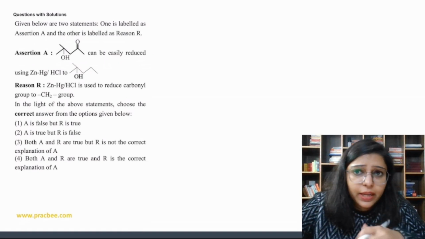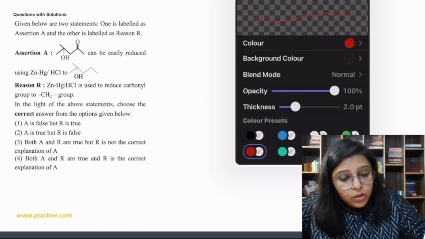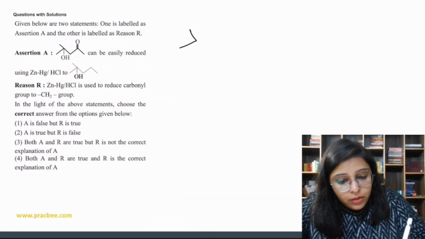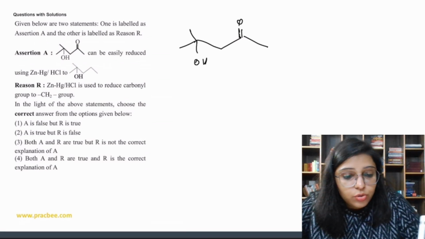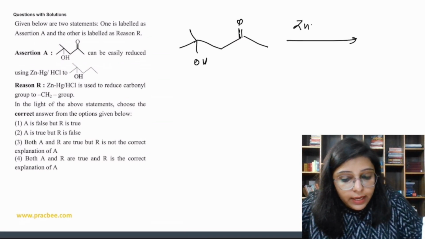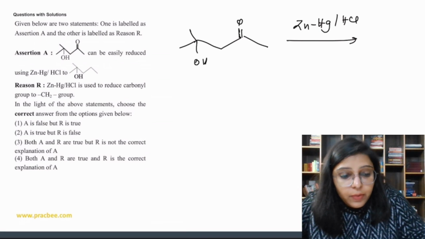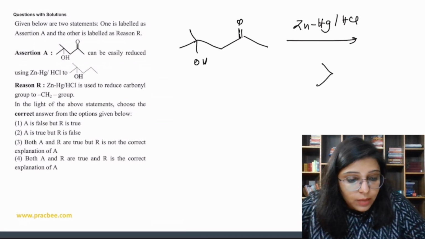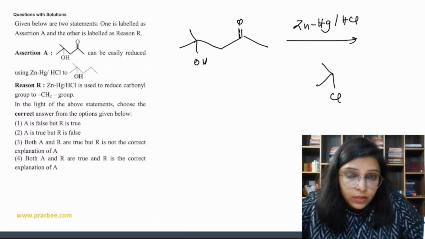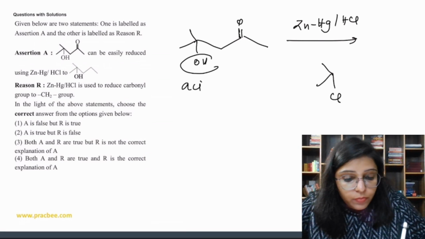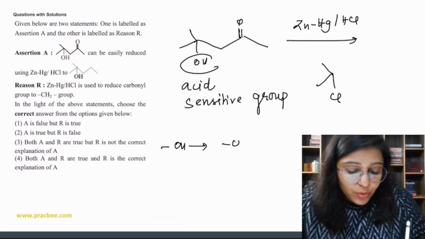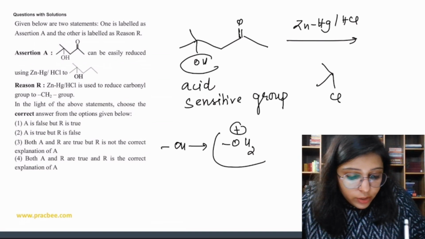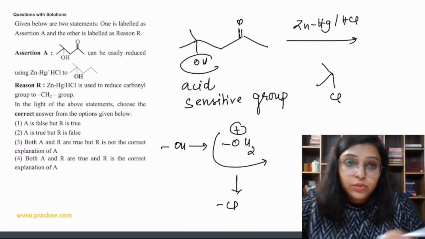So we have discussed similar type of question in hydrocarbons also. So question says we have this one OH and double bond O, which can be easily reduced using ZnHg/HCl. But when you do Clemmensen reduction, what happened here? OH is also converted to Cl because OH is an acid sensitive group. First OH is converted to OH2 positive, then OH2 leaves and we have Cl in place of OH.